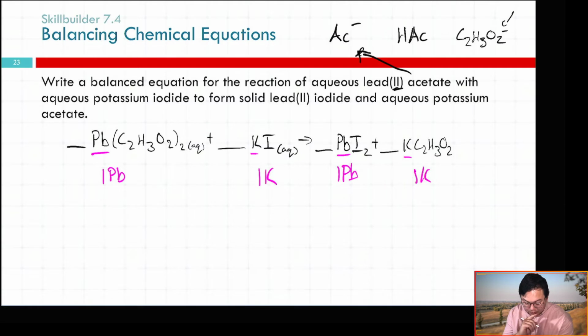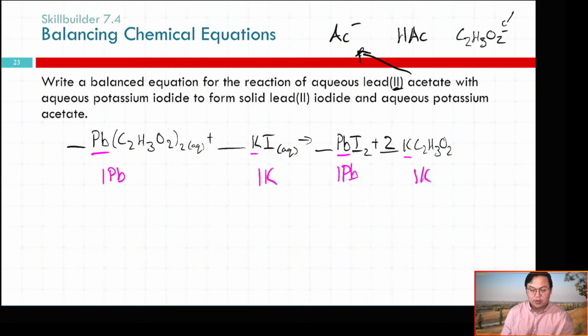So instead we can move to either the acetate or the iodine. Let's do the acetate first because it comes first. At some point you just have to make decisions like that. We have lead, so we need 2 acetates. We have 2 acetates on the left side, so we need 1 more on the right side. So we add a 2 coefficient.